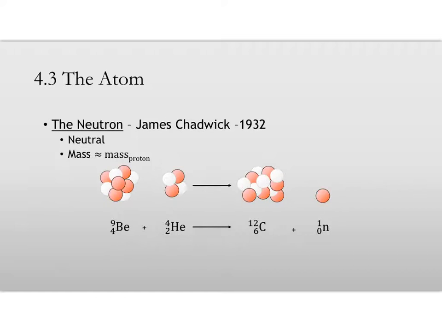But James Chadwick and others knew that the atoms must have something else in them because the masses of the protons and the masses of the electrons simply did not add up to the mass of the atoms. The mass of this neutron would be similar to the mass of a proton, and it was discovered that it is, and it also is not charged like they expected.